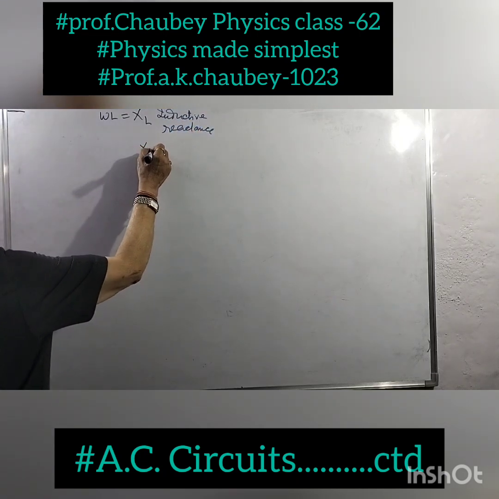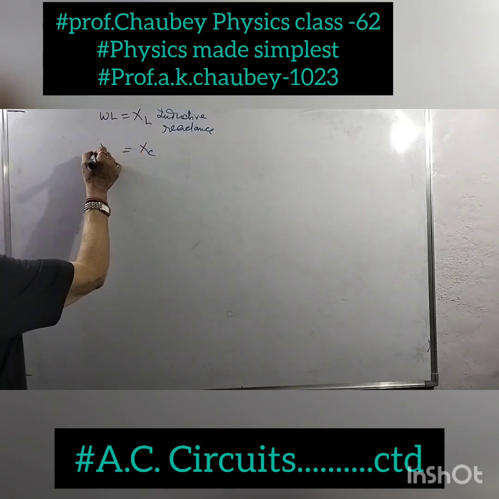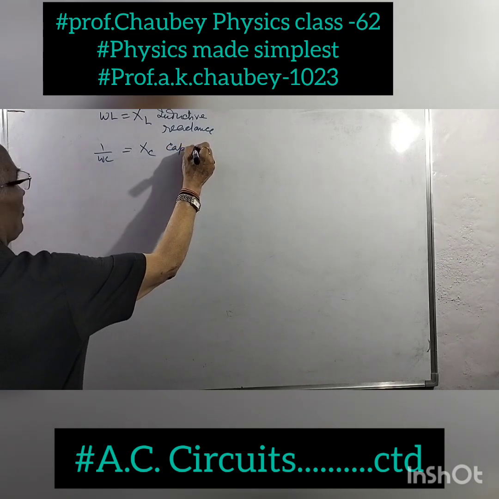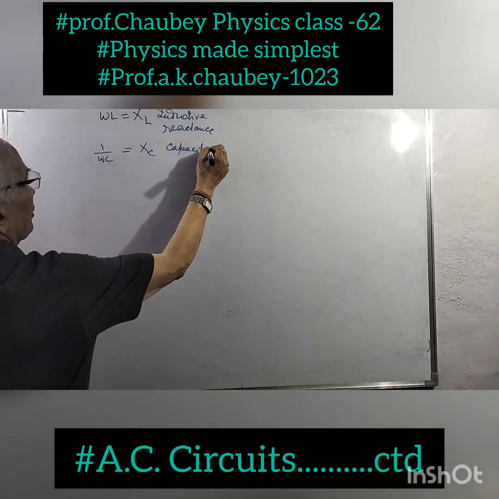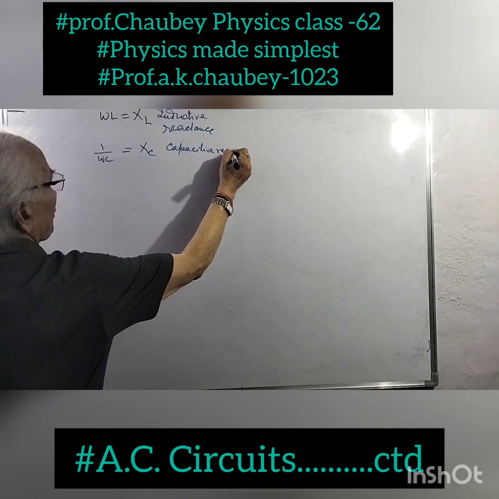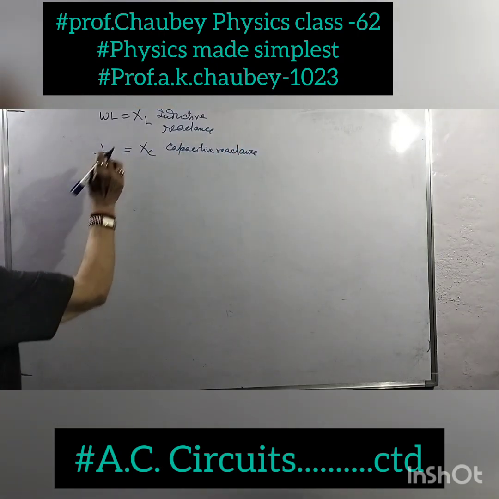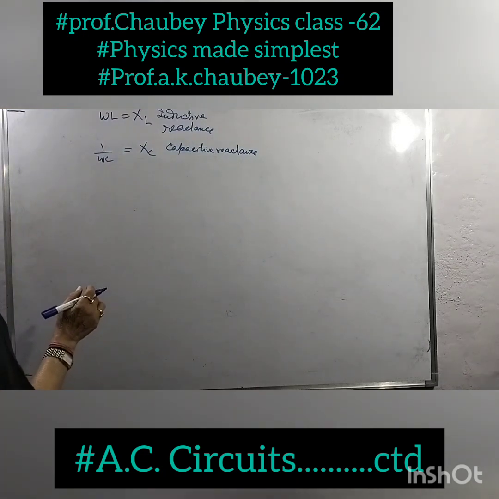Similarly, Xc is 1 over omega C, capacitive reactance. This is the representation. So it is represented by Xc, XL, like that.